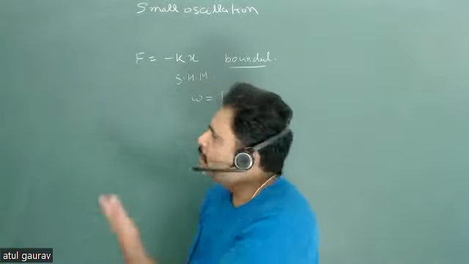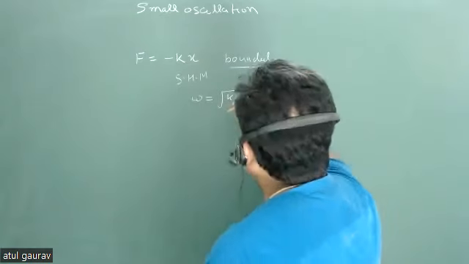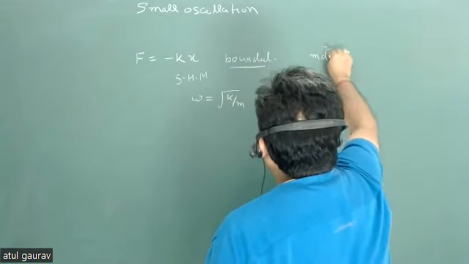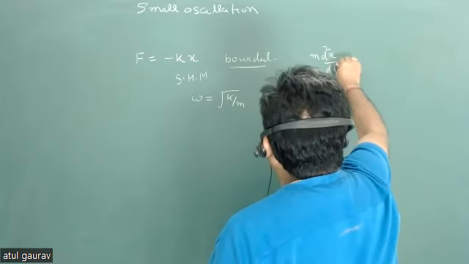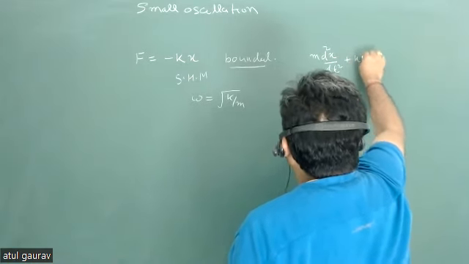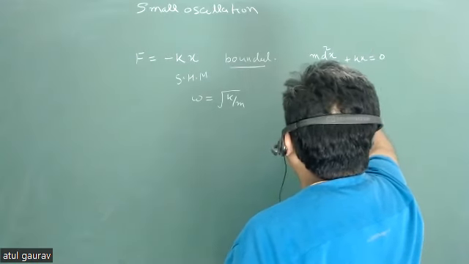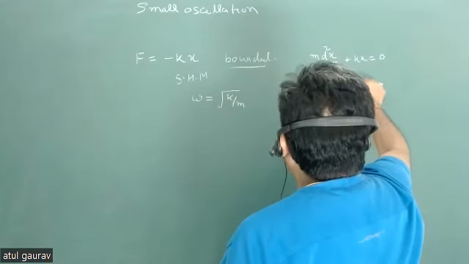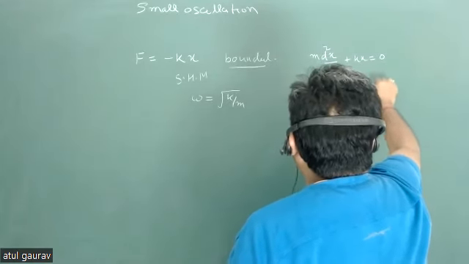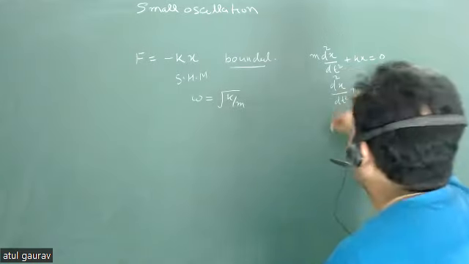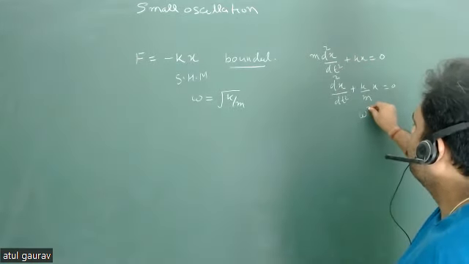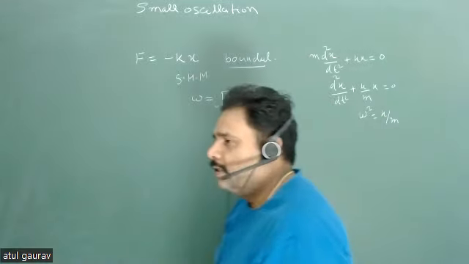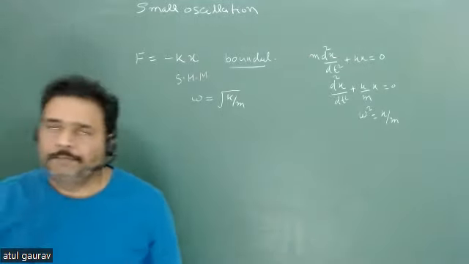So yes, you can easily solve all this. F is equal to m d square x upon dt square plus kx is equal to 0. And this equation is d square x upon dt square plus k upon m, x is equal to 0. This famous constant omega square is identified as k upon m, and you can find the omega for the oscillatory system.